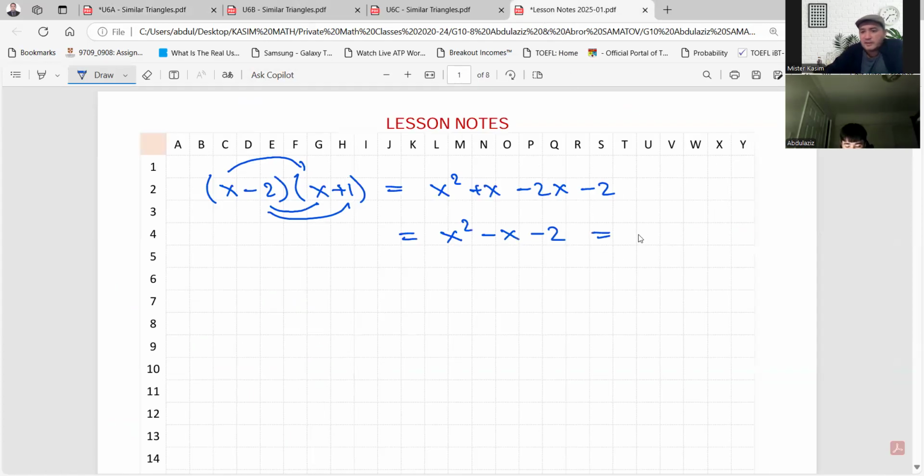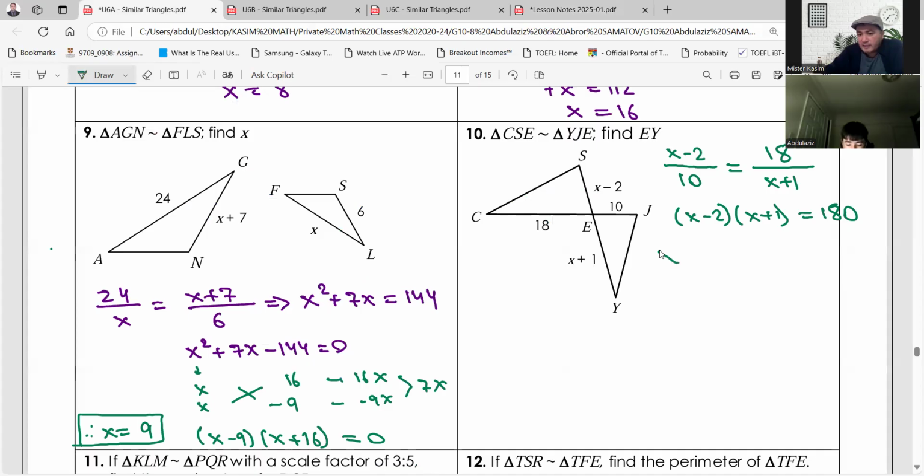If you move to the left-hand side, I have this equation, x squared minus x minus 182 is equal to 0.